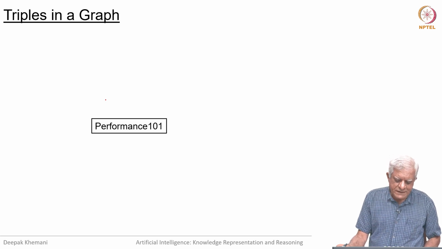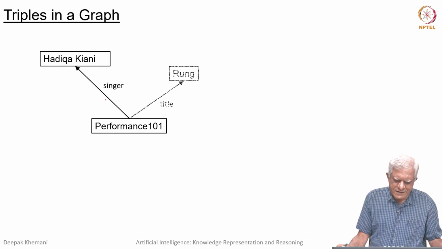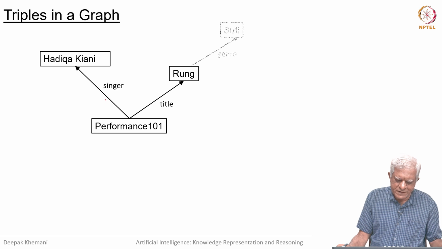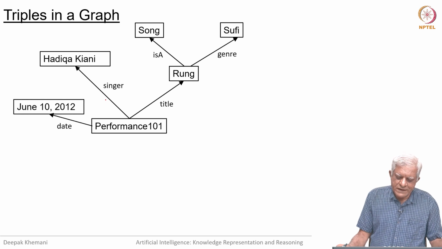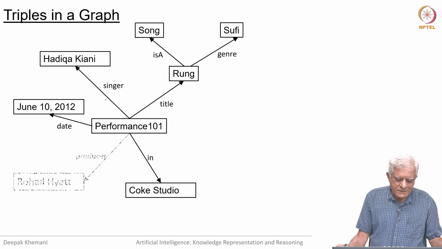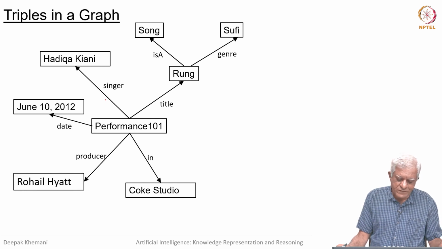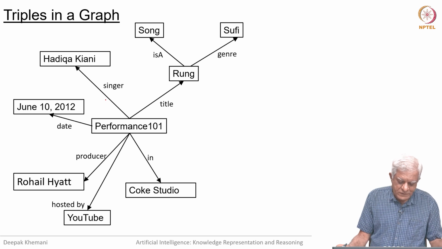We start with Hadika's performance and there is a relation that says the singer is Hadika, the title of the performance is Rang, the genre of Rang is Sufi and Rang is a song. The date of the performance was June 12th, the producer was Rohil Hayat, it was hosted by YouTube and it is in Coke Studio.